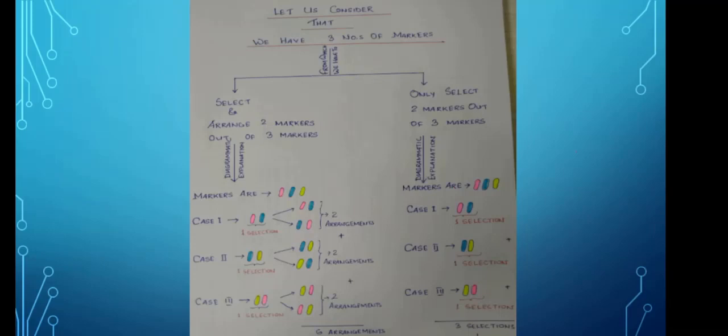So what is to be noticed in this case? In each case, I have selected two markers, followed by two arrangements where the positions of the markers are just changed. That means there are two main parts: first selection, then arrangement.